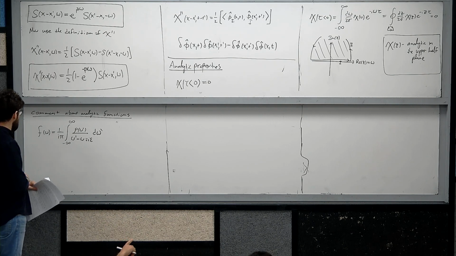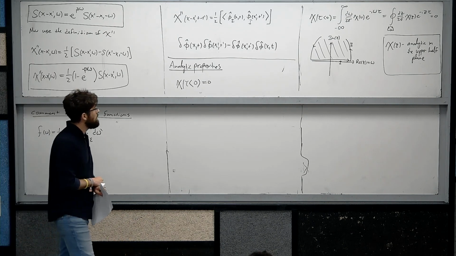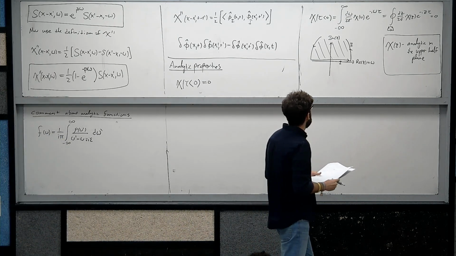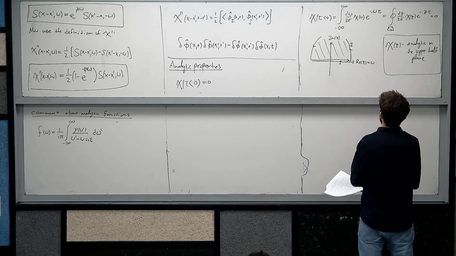Can I ask a question? About the last comment? Even if the integral is 0, maybe there are two poles that cancel each other or something like that. You need to sum over the poles. It not necessarily means that there are poles, right?